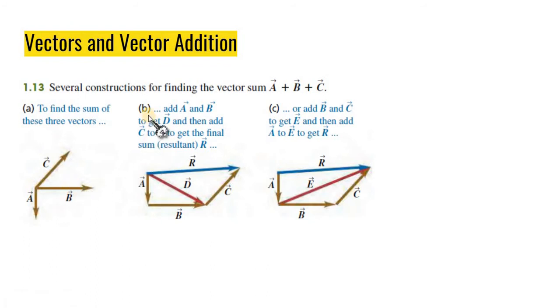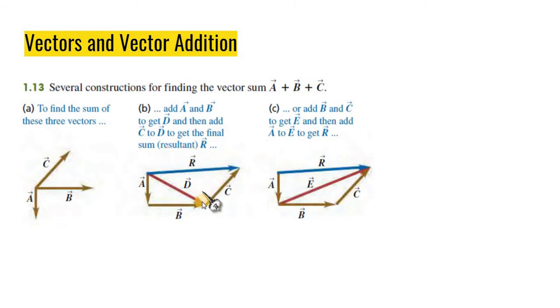And then figure B. Another way: add vector A and vector B to get vector D, and then add vector C to vector D to get the final sum or resultant vector.